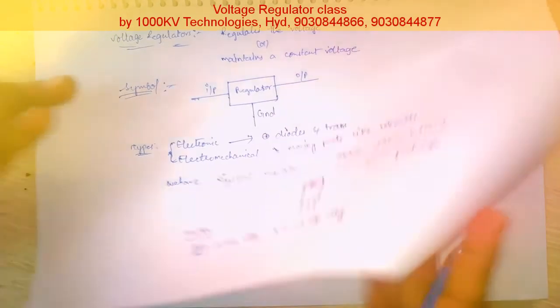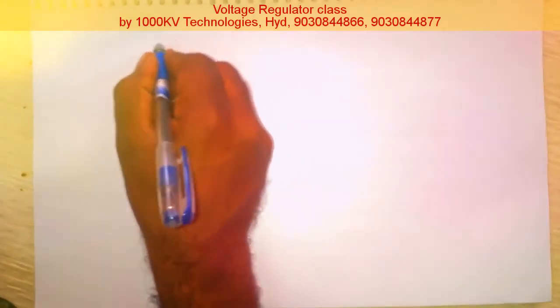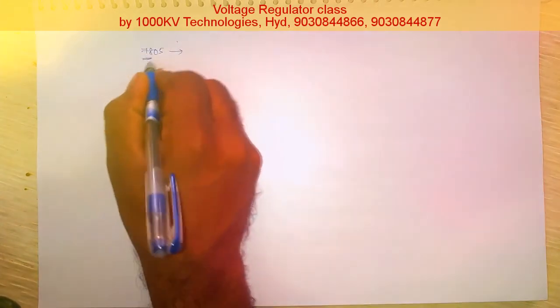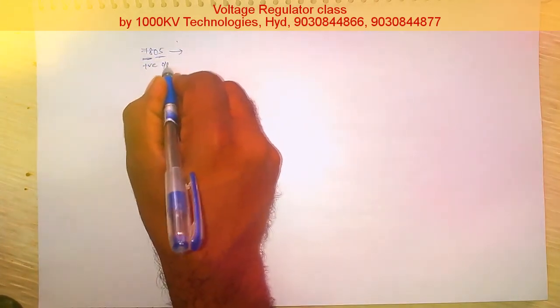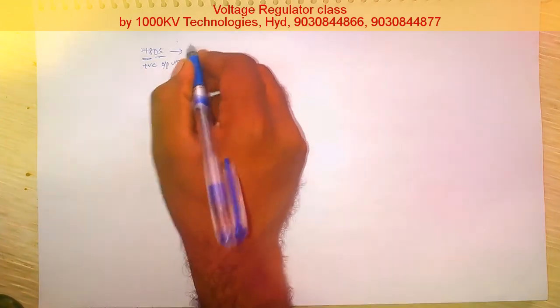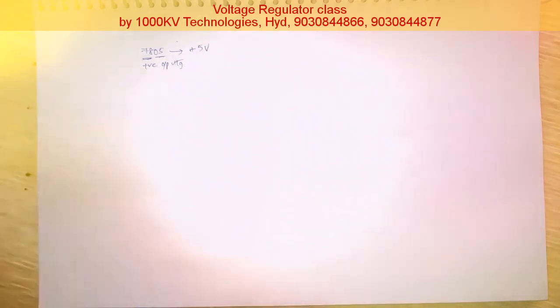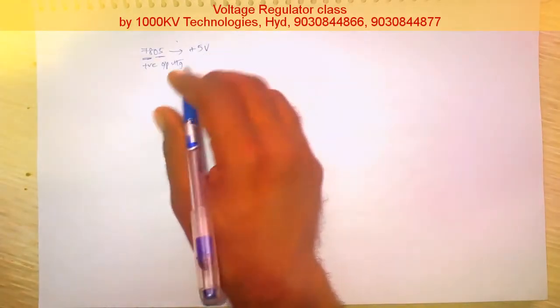For example, take 7805. 78 indicates positive voltage, 05 indicates output voltage. That means it is a positive 5 volt regulator, delivering a constant 5 volts to the load.